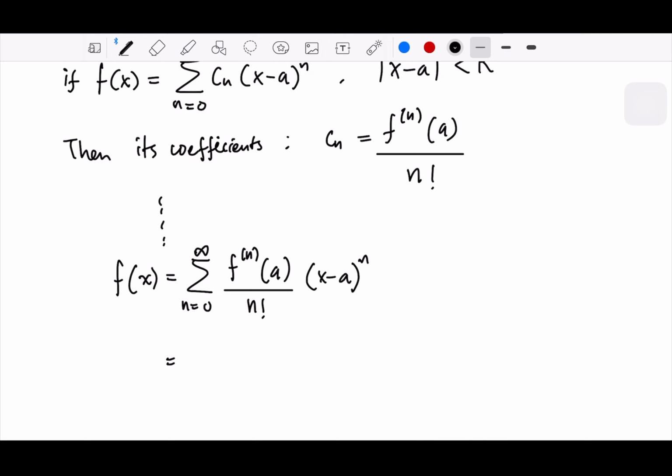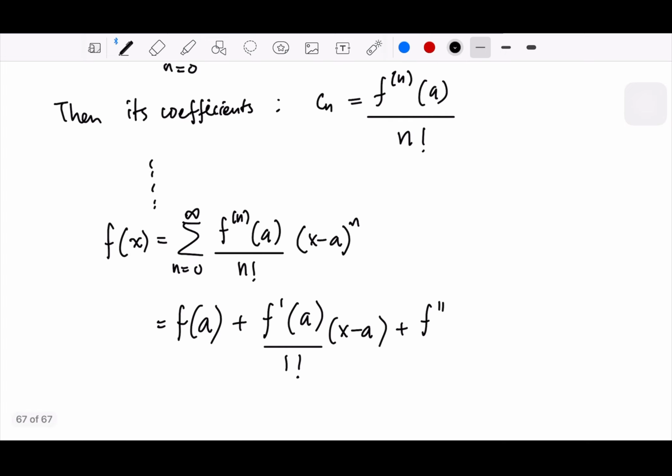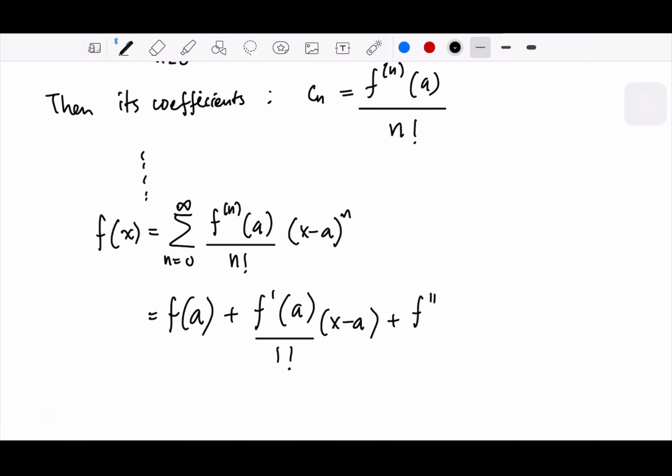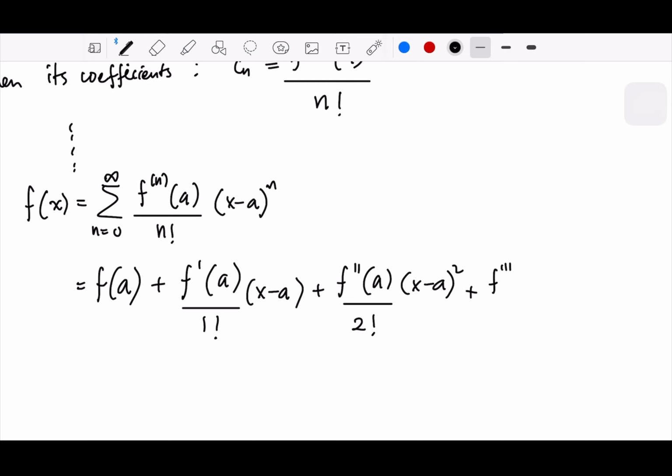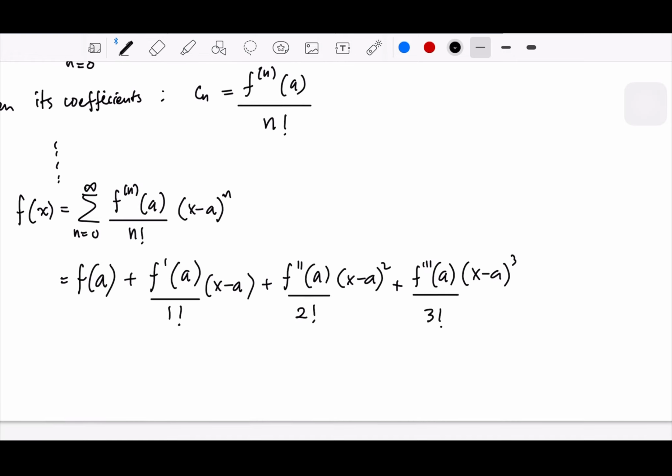And we can write this as f of a plus f prime a divided by 1 factorial, and then x minus a, and then plus f double prime a, x minus a squared, over 2 factorial, and then increasing into the third derivative, and then 3 factorial, and plus dot dot dot.